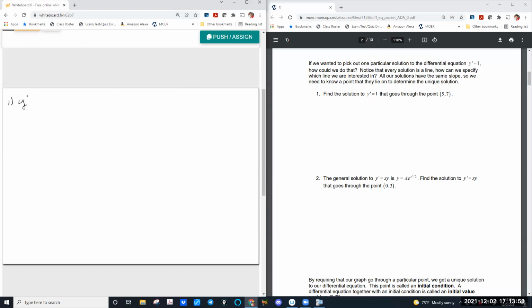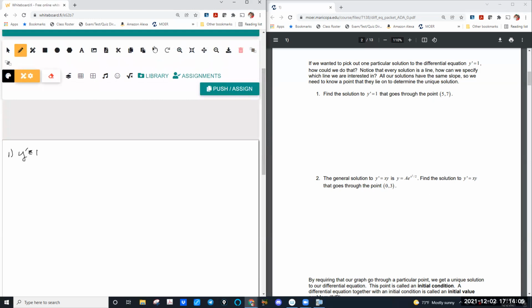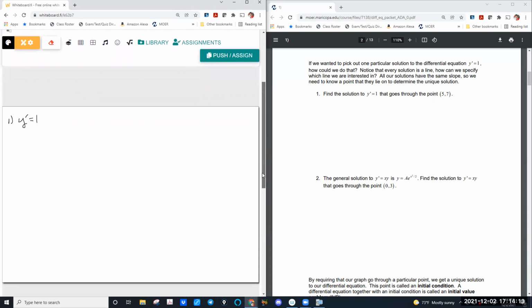is, okay, we've got the differential equation y prime equals 1. Well, we know from what we talked about on the last slide that y prime equals 1 gives a general solution of y equals x plus c.